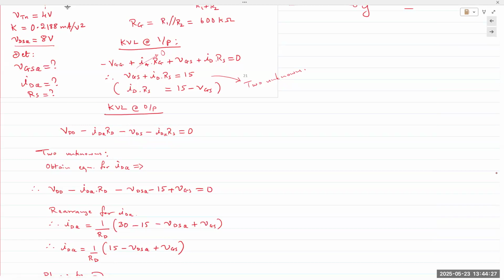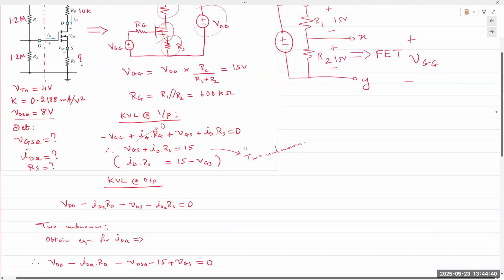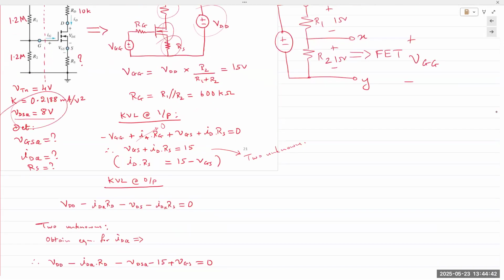But again, the parameters of the problem specify VDS is given to us. We want to design the circuit with a VDS fixed at 8 volts, which is given in the earlier problem.